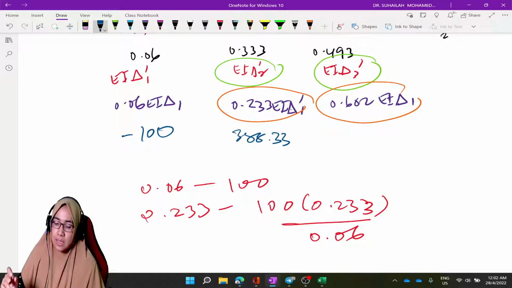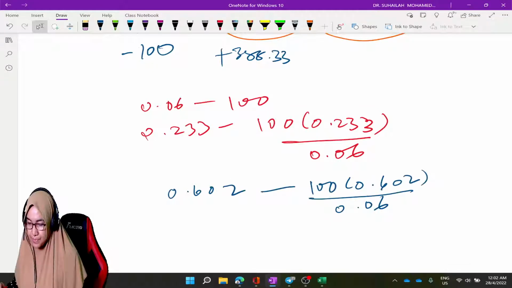So this one we get 1003.33. So it is negative 1003.33.